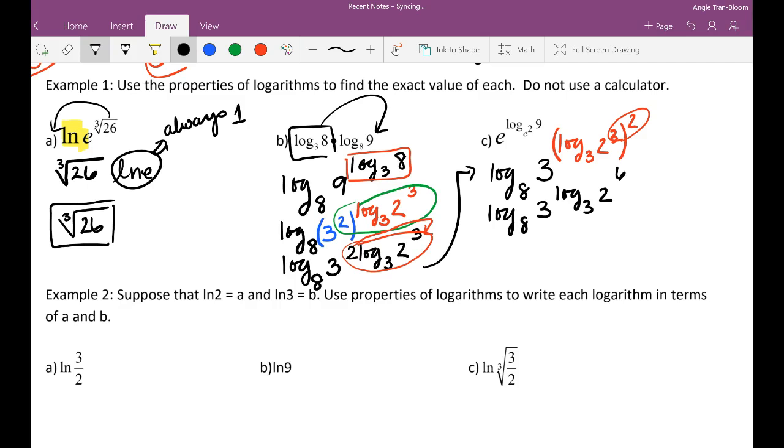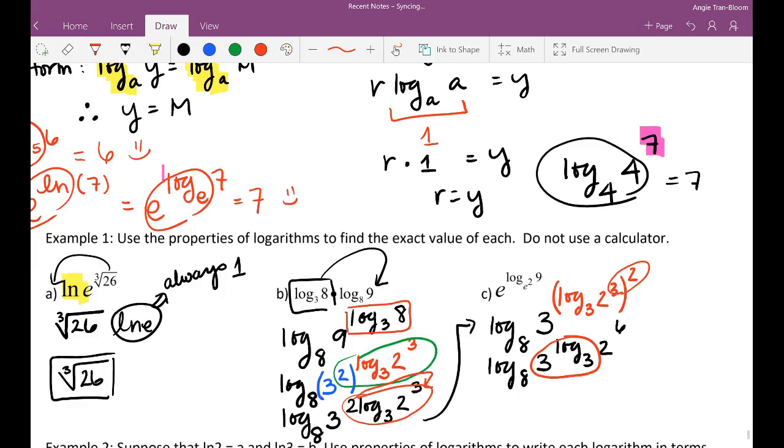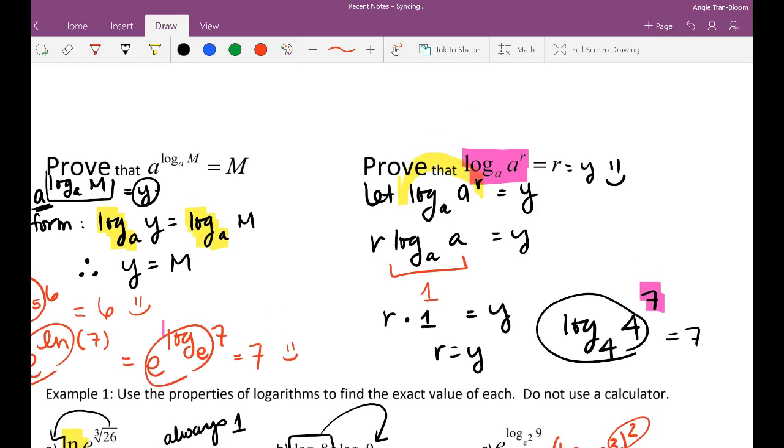But here's a beautiful piece. Can I highlight this for you? 3 to the log base 3. Can you tell me what it is? I'm going to move up a little bit just to remind you.